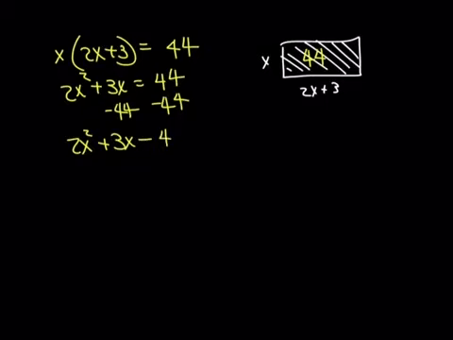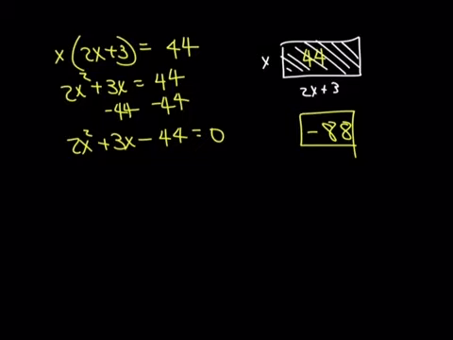Alright, so now let's see, multiply 2 times 44. So we're looking for two numbers that multiplied together give us negative 88, and added give us a positive 3.